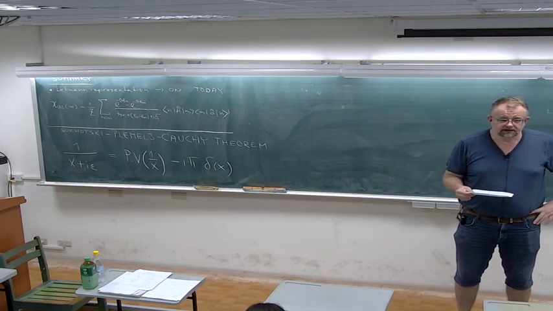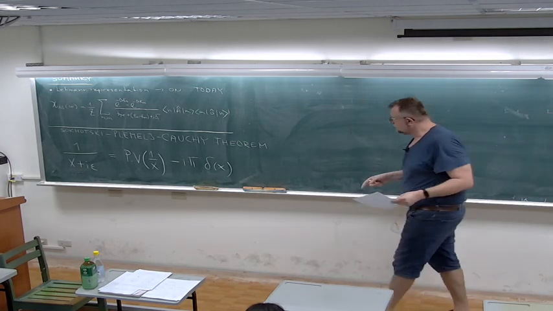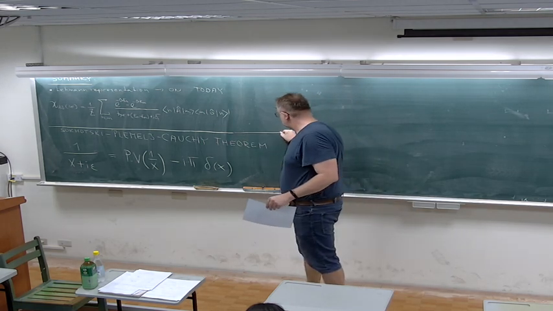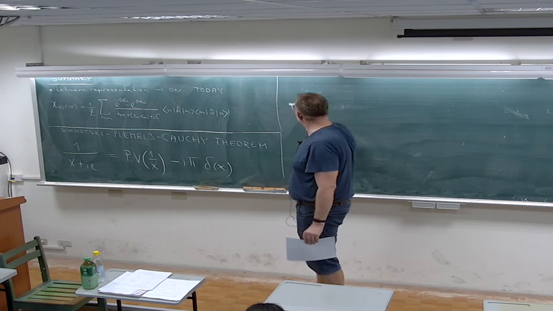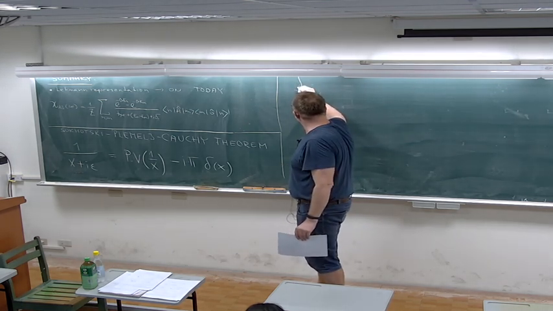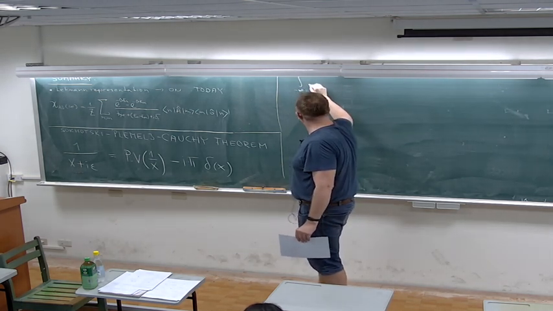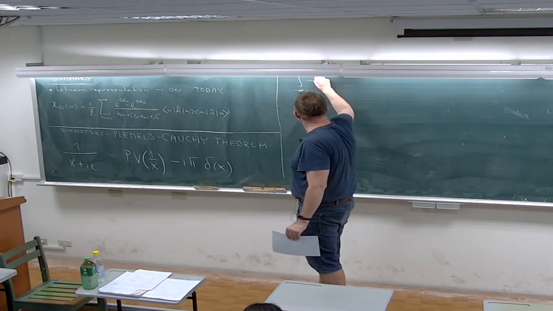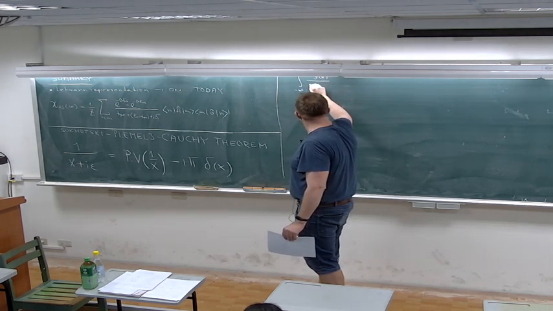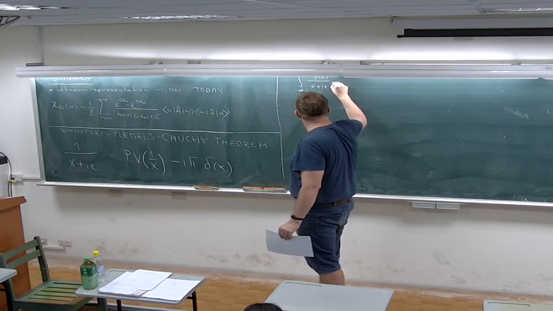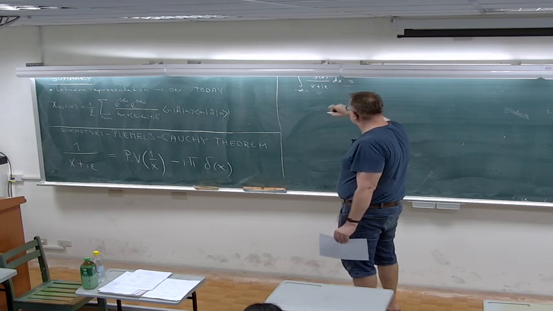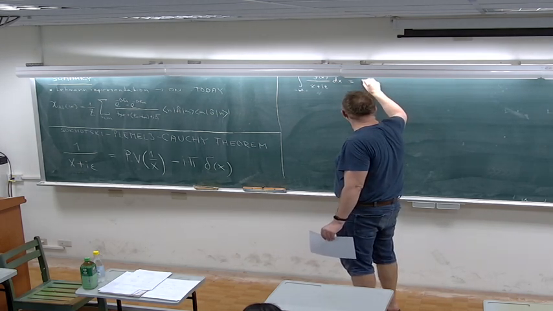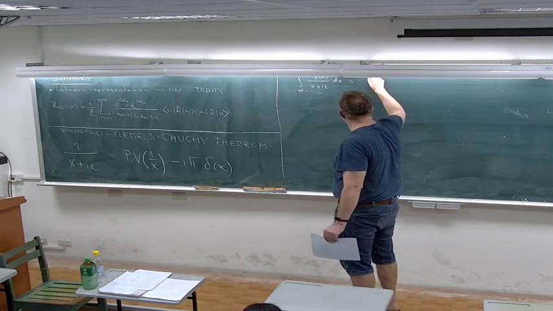It tells about some integrals, that if you have the integral, it's written like that. But the main meaning is for the integrals, that if you compute the integral from minus infinity to infinity of the following object, so you have some function f(x), and then you have something like that, and you integrate it over x, then this thing is telling you that this integral can be computed like that: you take the principal value of this integral, which means the following thing.